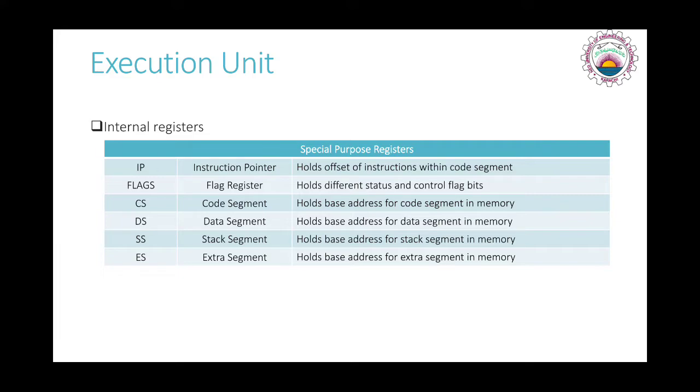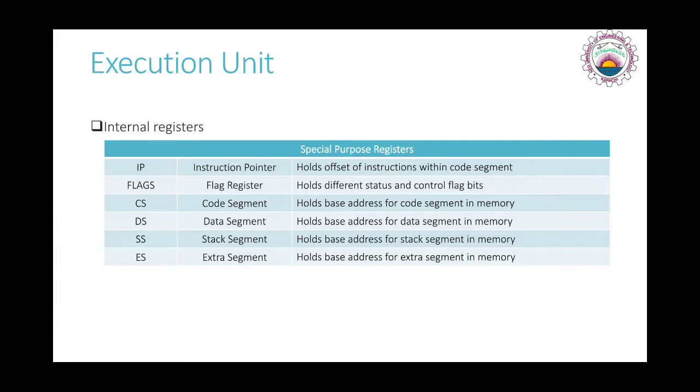So there are four segments possible in memory, and those segments are called code segment, data segment, stack segment, and extra segment. So these four registers are for holding the base addresses of these four segments within memory.